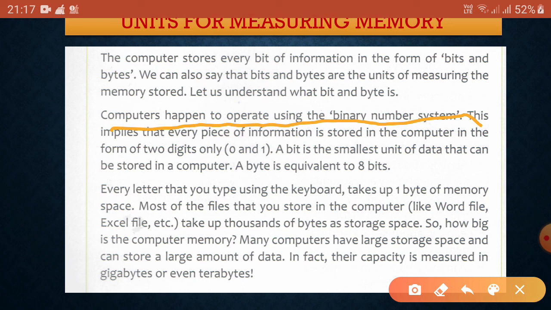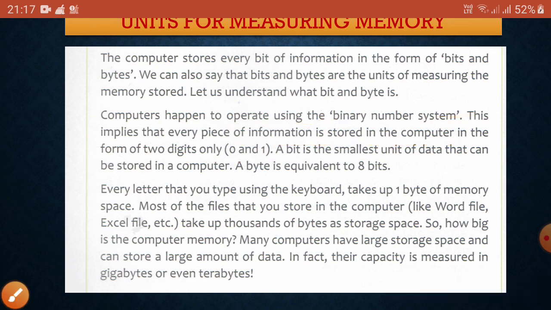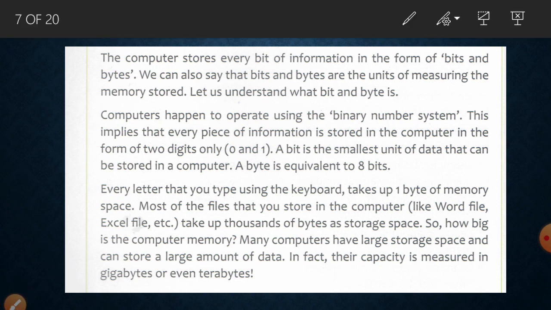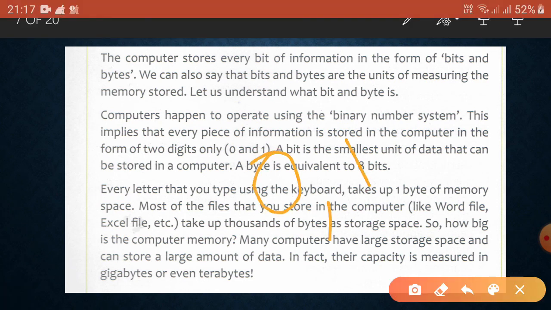This implies that every piece of information is stored in the computer in the form of two digits only, 0 and 1. So 0 and 1 are the binary units. In the binary number system we have two digits, one is 0, another is 1.